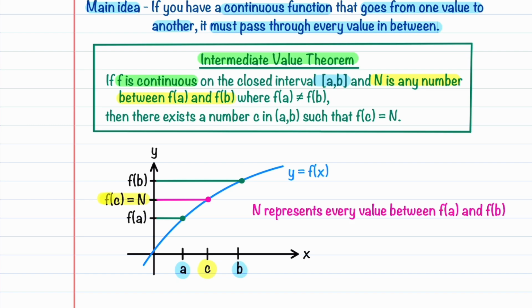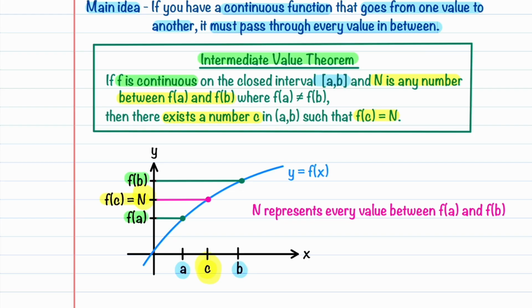I've already highlighted it down here, and it lies between f of a and f of b, and those two values can't be equal. Then there exists a number c, which I've highlighted right down here, in the interval between a and b, such that f of c is equal to n.